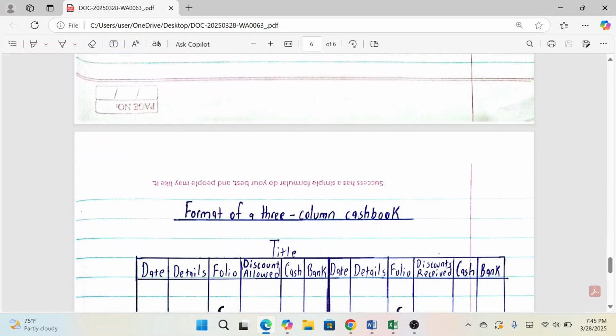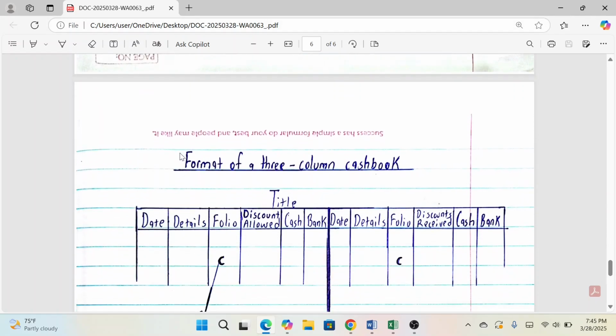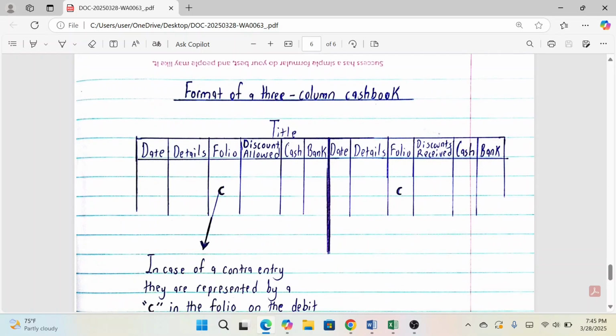So when we look at the format of a three-column cash book, it will have the title, and then date, details, folio, and discount allowed. I told you the reason why it's on the debit side. This is the debit side, and then you have the combination of cash and bank. Then the credit side will also have date, details, folio, discounts received, and then a combination of cash and bank, and this is the credit side.